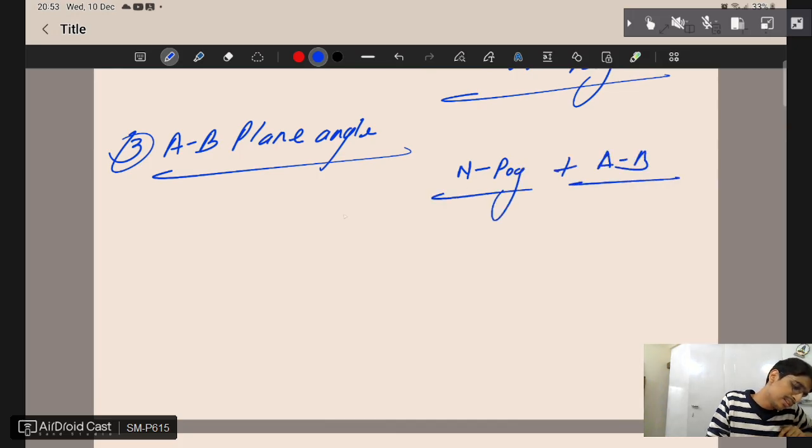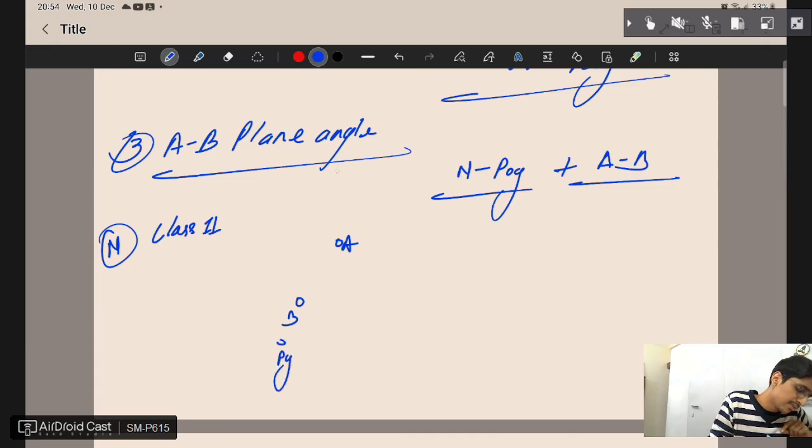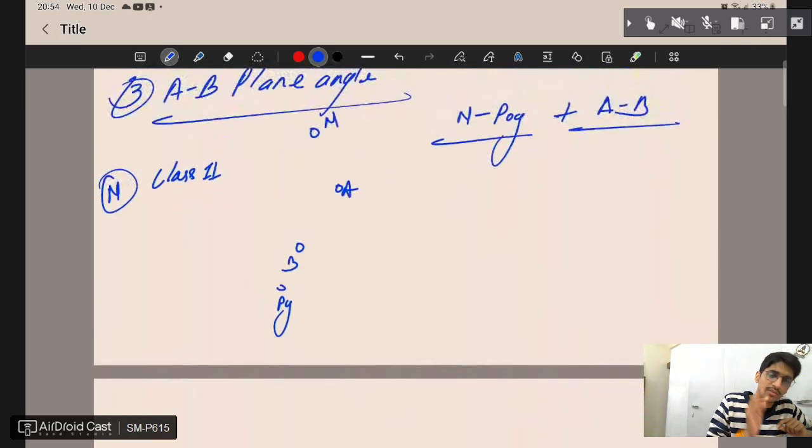So in a normal class 2 case, the point A will be ahead of point B, and along with that, somewhere here will be Pogonion, and here will be the Nasion. Nasion will be later, as maxilla is prognathic.